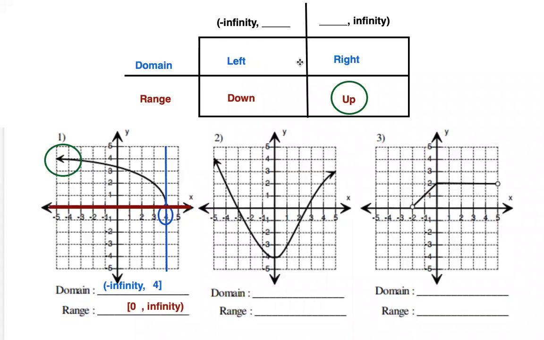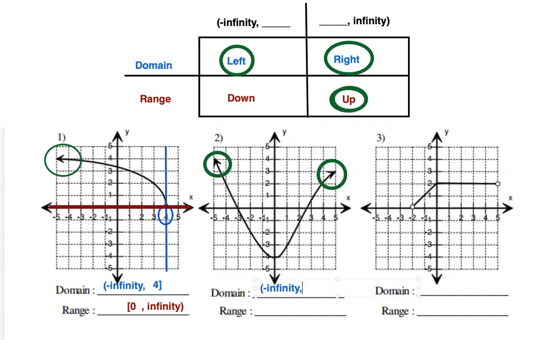Now let's look at graph number 2. I have 2 arrows here. This one is pointing to the left, and it's also pointing up. This one is pointing to the right and pointing up. So since I circled both left and right, I know my domain is negative infinity, positive infinity. Left means negative, right means positive.